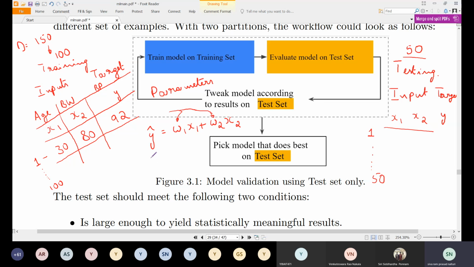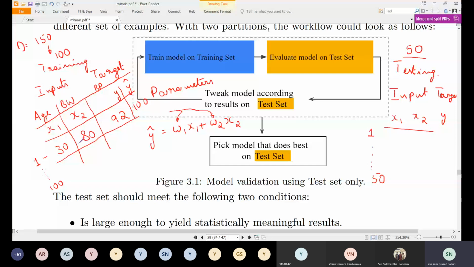Whatever blood pressure that you predict, say for this case, this is y cap. Okay, the actual value is 92 and you have predicted 100, and obviously there is an error. There is a difference between the actual value and the predicted value, and this difference is nothing but the error or loss.